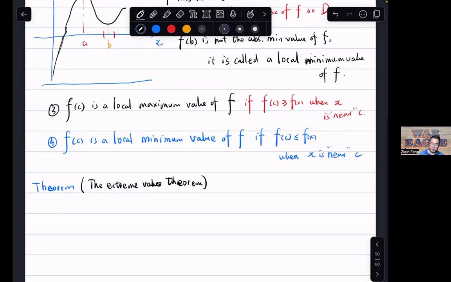So if f, our function, is good, you can imagine that the function has extreme values only if the function behaves nicely, right? We have a good condition for that, which is that the function is continuous on a closed interval.